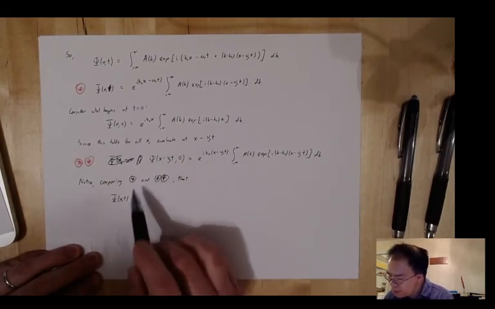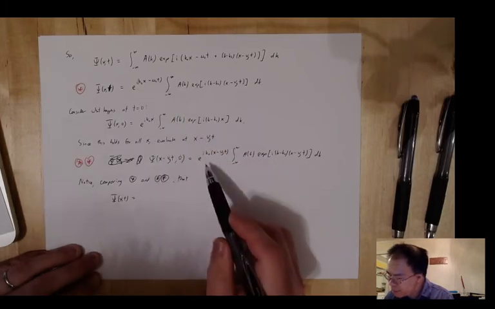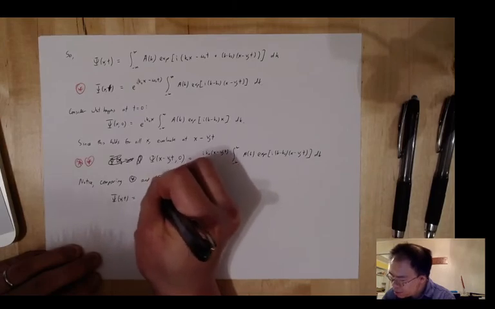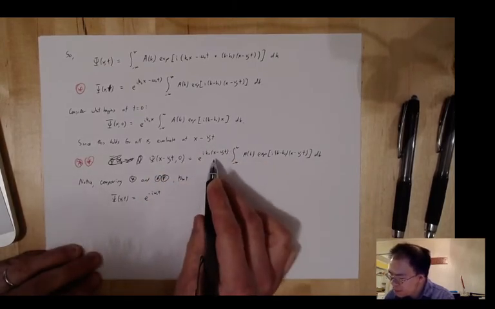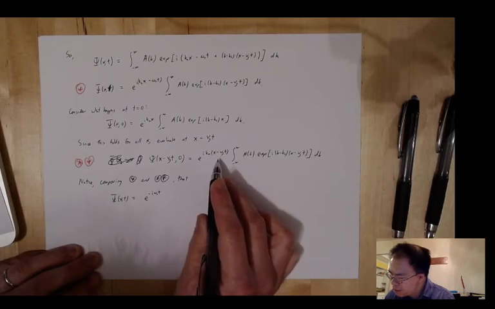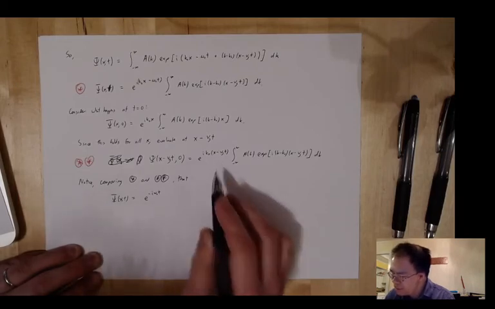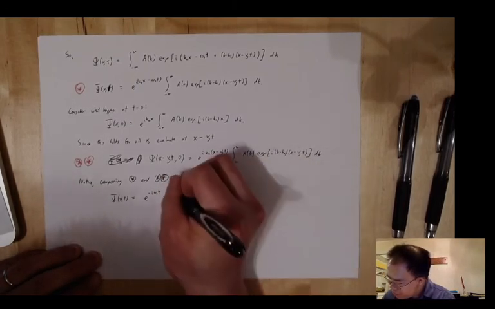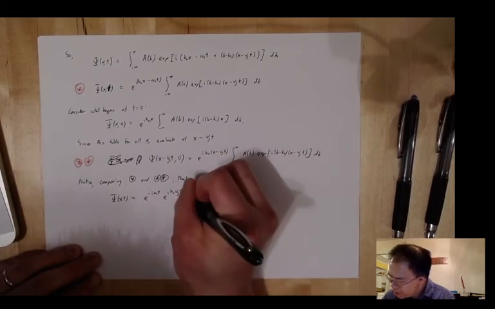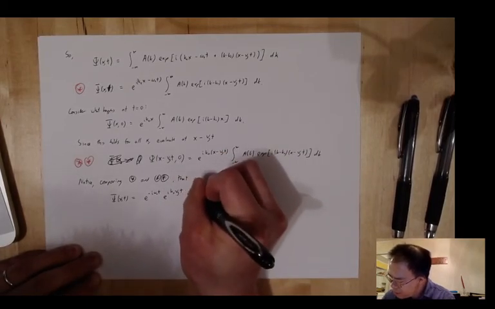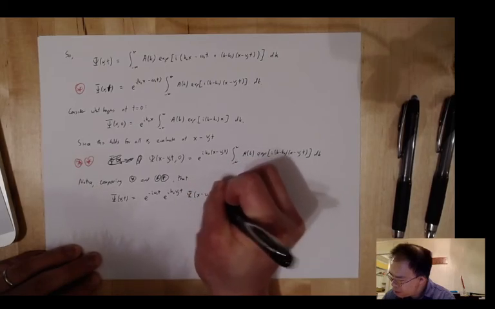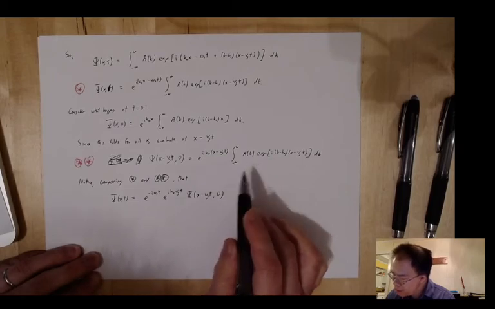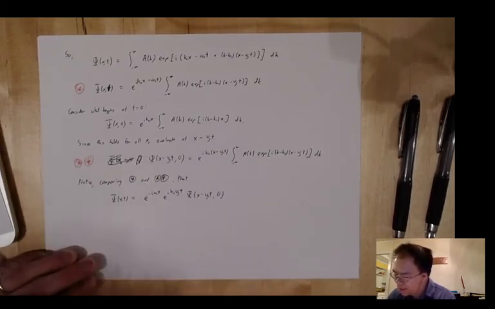To get this back, from this I have to multiply by e to the minus i omega naught t. And I've got to cancel out the e to the minus i k naught vg t, so I'll multiply by e to the i k naught vg t, psi of x minus vg t, 0. And if we plug this in here, we will recover exactly that.